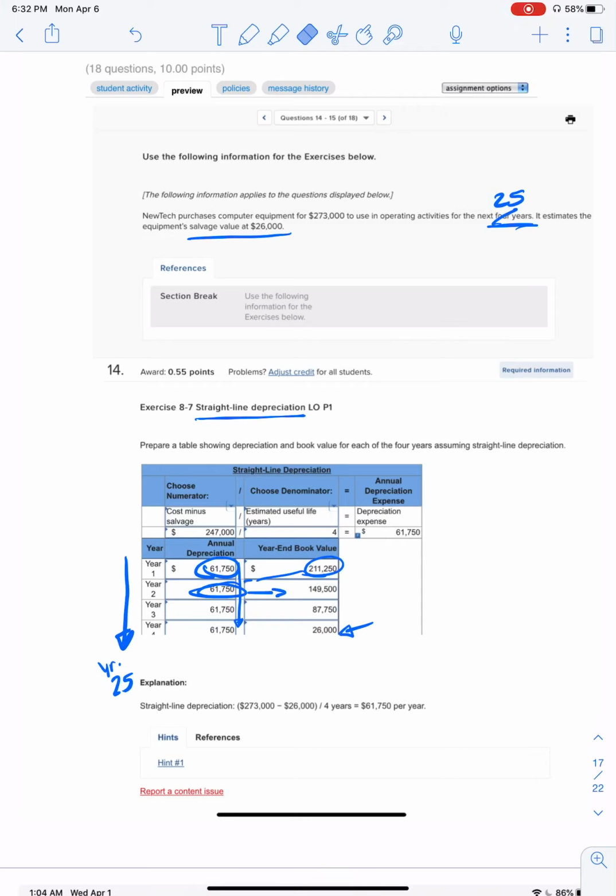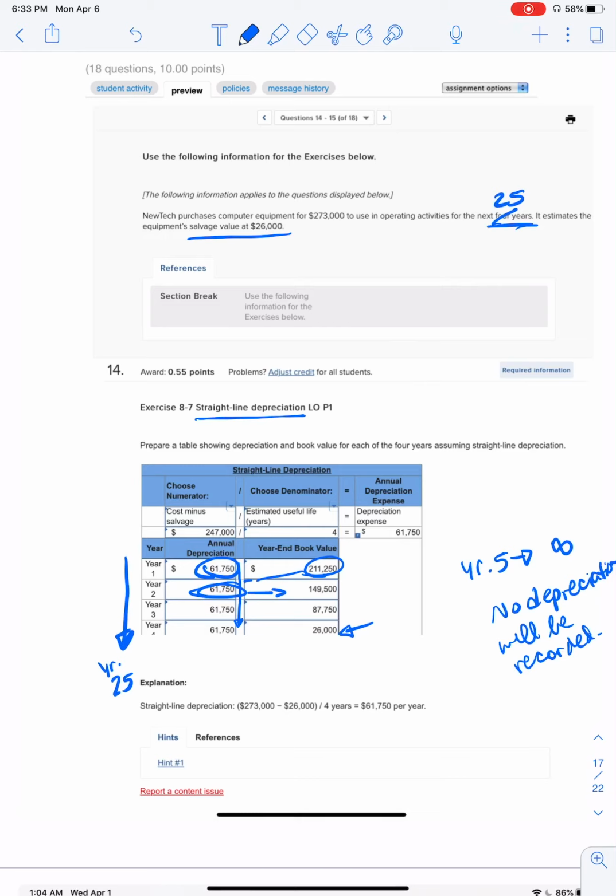And the answer is 0. Year 5 and on, so from year 5 through infinity, no depreciation will be recorded because it's already fully depreciated.